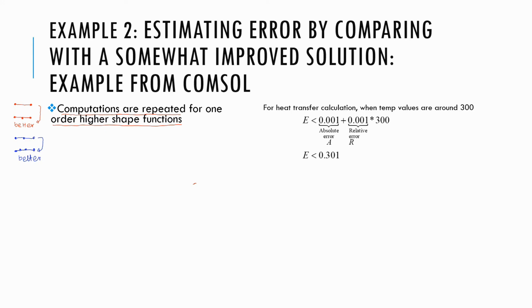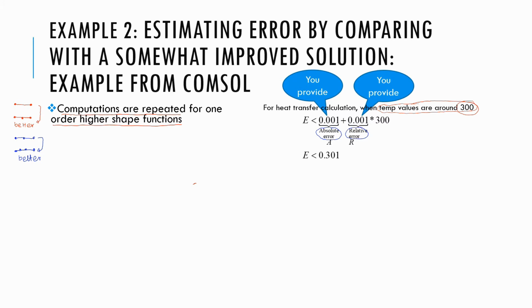So you provide two quantities. One is an absolute error and the other is a relative error. And they are used this way. Suppose we're calculating temperatures and the typical temperatures in the computation are around 300.